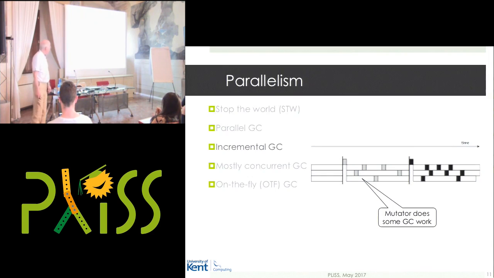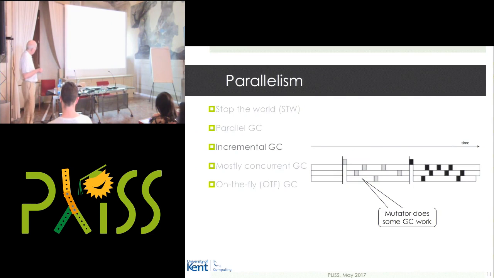Another way to do it is incremental collection, whereby we have the user program, which we call the mutator. We call it the mutator because, as far as we're concerned, the user program is some kind of irritation that just changes the shape of our heap while we're trying to run. It just mutates the heap. Generally, we don't really care what values it writes.